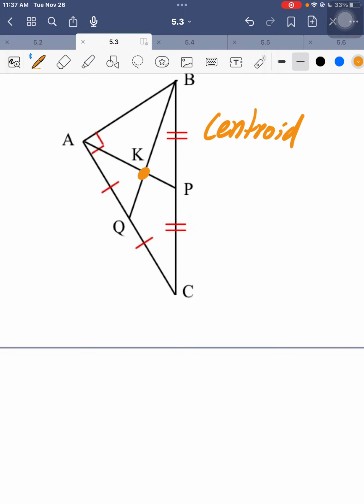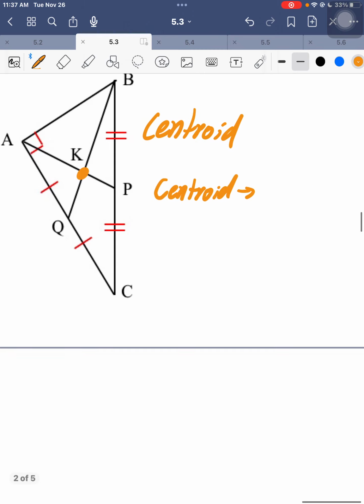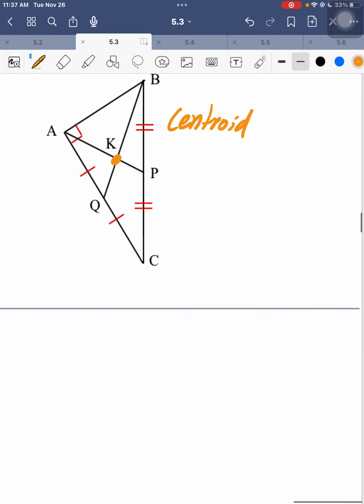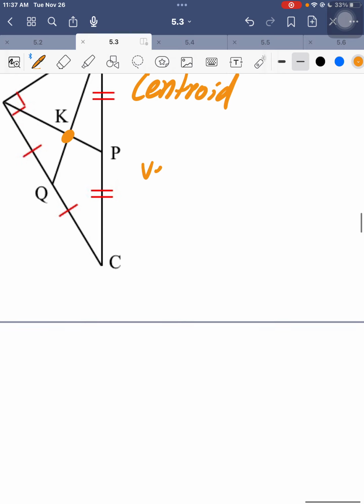What do I know that's special about a centroid? Well, I actually like to say it like this. I'm going to write this down, even though it should be written on your notes already.